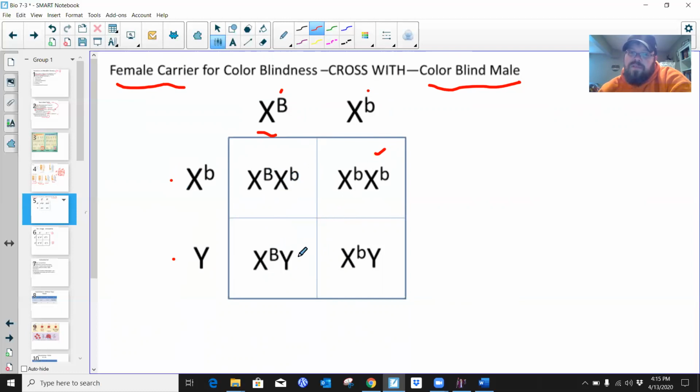And then same scenario on the male side of things, either a carrier or colorblind for females, or males would either be normal or colorblind. So the reason I wanted to do this was to say here's the deal with males. Males can't really be carriers. They either have it or they don't, because they only have one X chromosome.